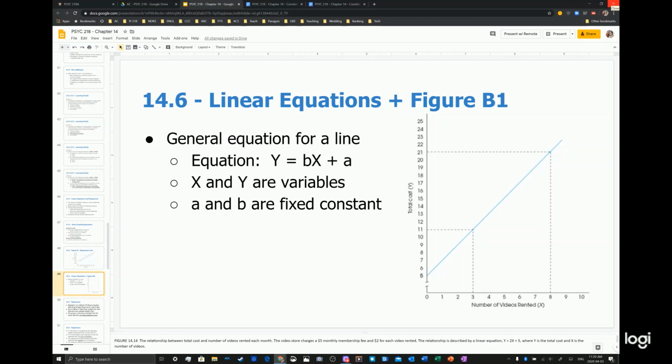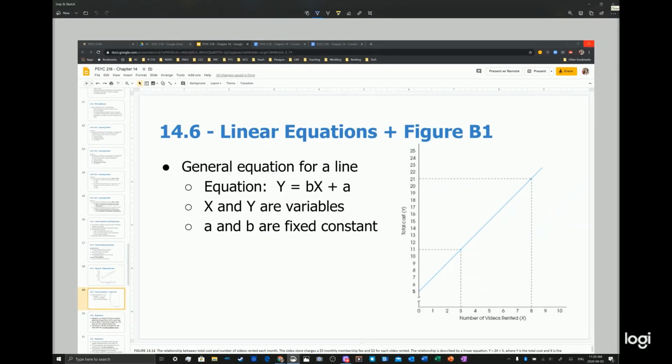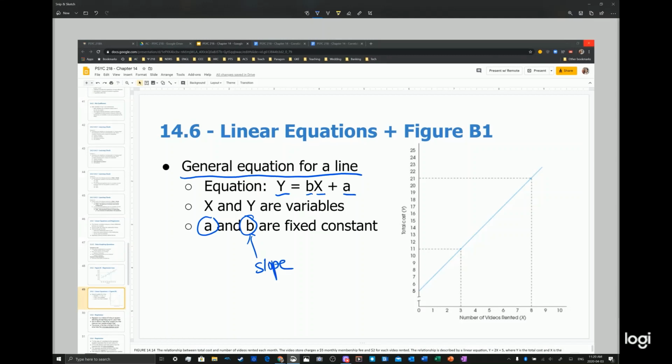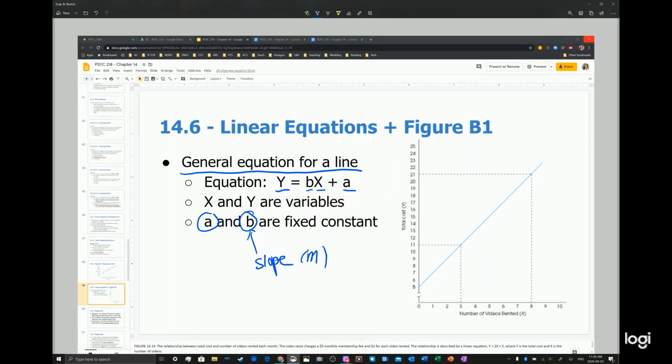And how we get this regression line comes from the general equation for a line, which you probably have seen before. So this is the equation: Y, a point in y, equals the slope times the x value plus the y-intercept. So a and b are constants. Here b is the slope. Some of you may see this as m in your other classes.